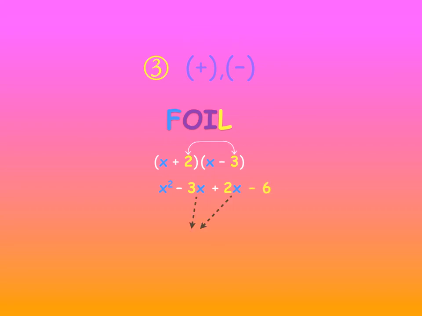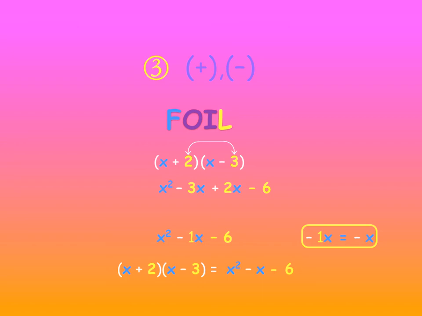Gather like terms, negative 3x plus 2x will give us negative 1x, but that is actually just the same as minus x. So, x plus 2 times x minus 3 equals x squared minus x minus 6.